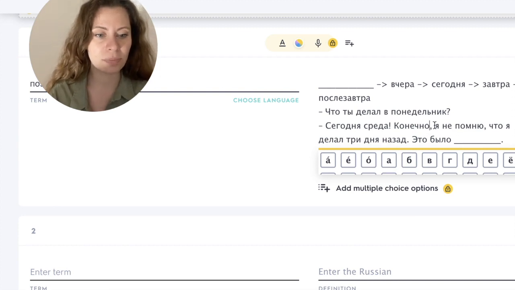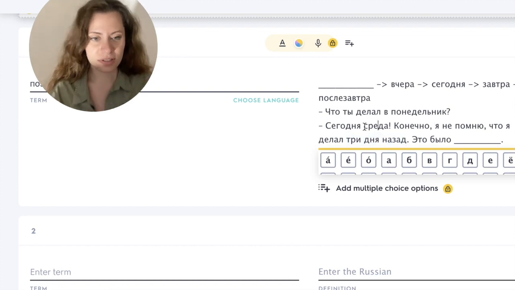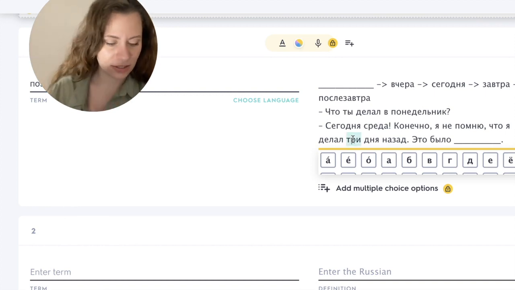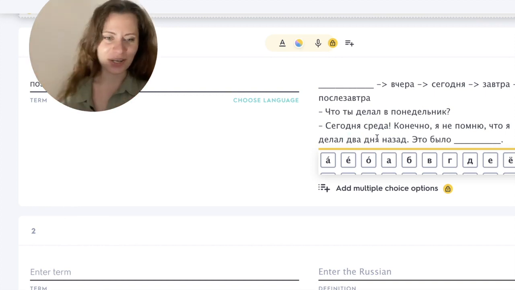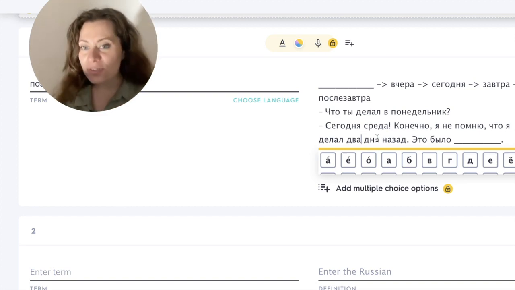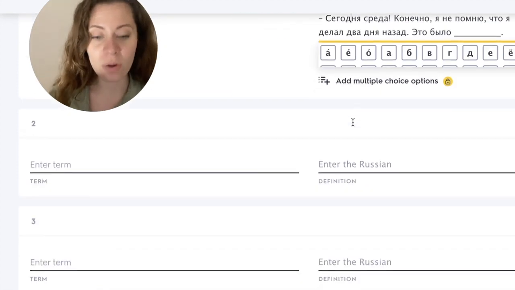Я не помню, how to make a complex sentence. Я не помню, что я делал. And 3 days ago. Because it was среда, or was it 2 days ago? 2 дня назад. Okay, let's do 2 дня назад. Yeah, 2 days ago. Конечно, я не помню, что я делал 2 дня назад. Это было позавчера.